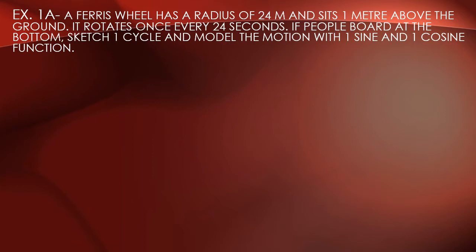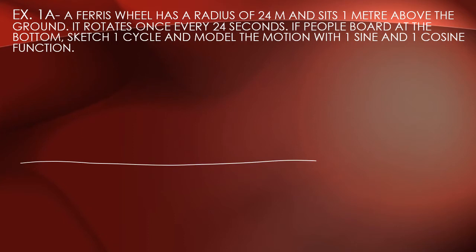The first thing you should always do is draw a picture. And if it helps you, you can draw a picture of the Ferris wheel with all of the dimensions labeled. So let's do that. Let's say this is our ground, in other words, our x-axis, but we'll get there.